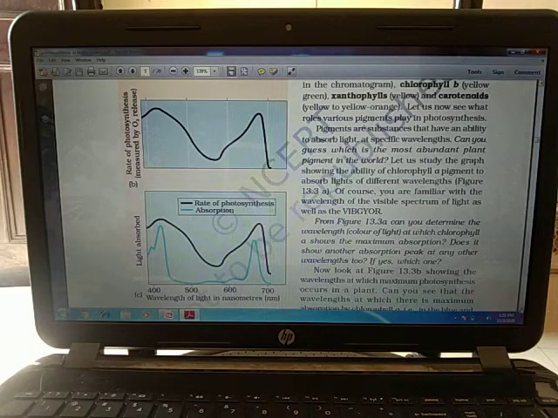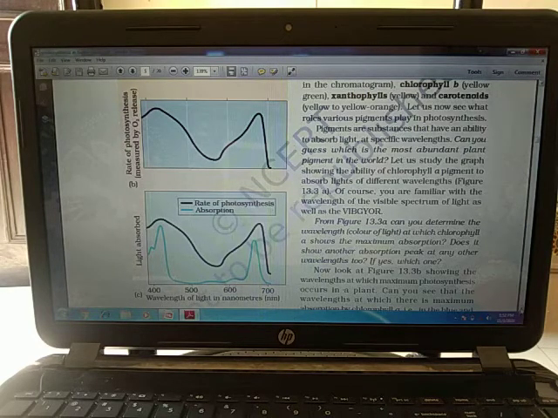Next we have the carotenoids. They are a group of yellow, brown or reddish pigments which are associated with chlorophyll inside the chloroplast but also occur in the chromoplast. Along with chlorophyll b, carotenoids are also called accessory pigments because they hand over the energy absorbed by them to chlorophyll a.